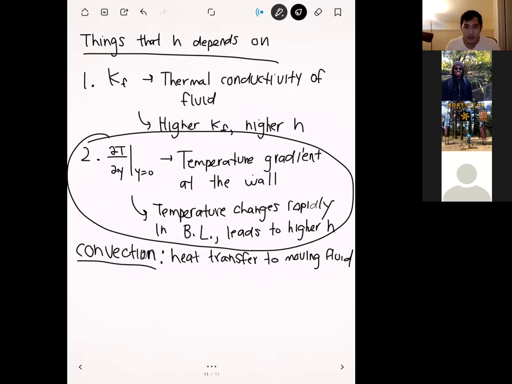So now that we know everything about the boundary layer and H, we can break this up into two things happening at the same time. Because what we mean by heat transfer to a moving fluid is these two things happening at the same time. The first thing that occurs is heat transfer through conduction from the surface to the fluid.